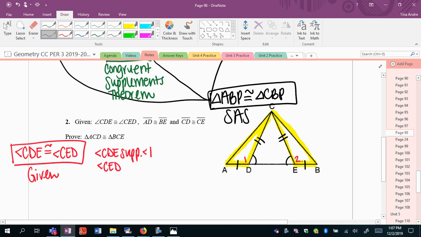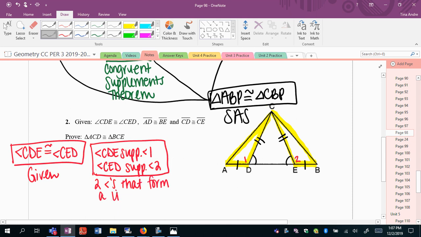CED, so this angle over here, is supplementary to angle 2. And that is something I can conclude from the diagram. So 2 angles that form a line are supplementary.